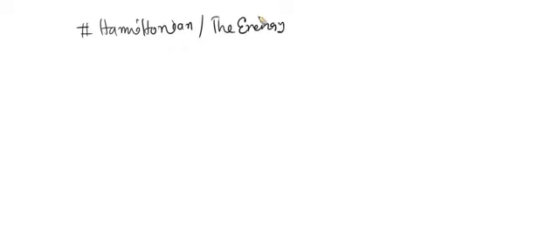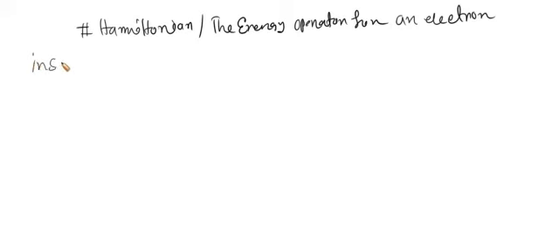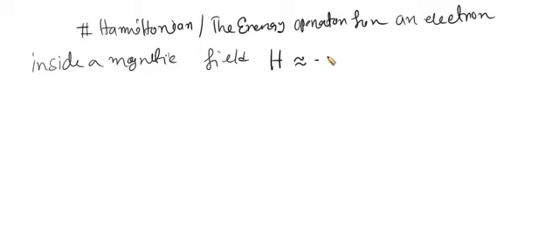For example, the Hamiltonian operator, the energy operator for an electron inside a magnetic field, if you write it as H, it will be similar to, and I'm writing similar because there might be numerical constants and stuff like that, the magnetic moment times the spin operator.